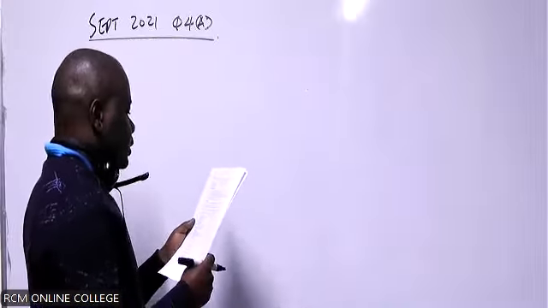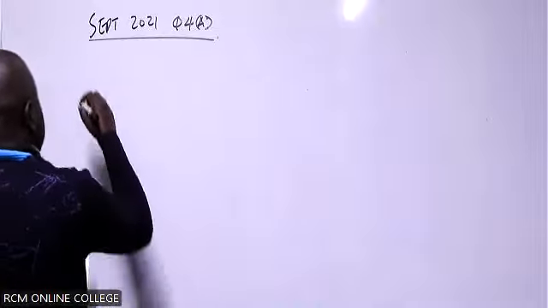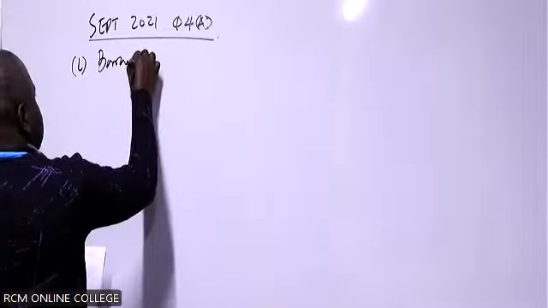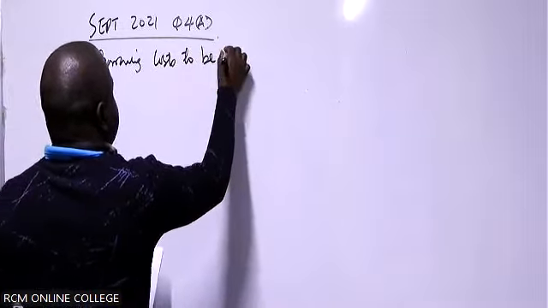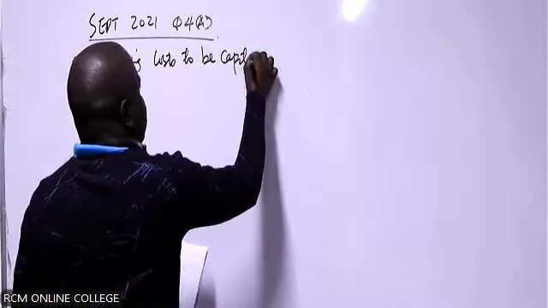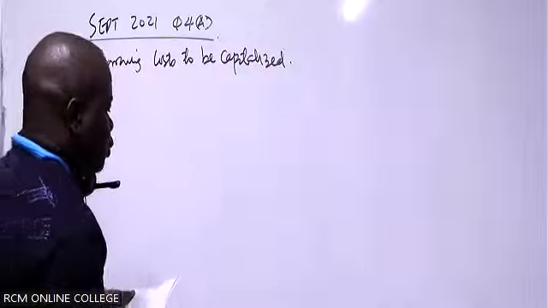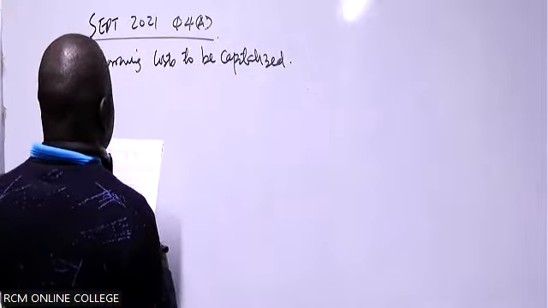So they want the borrowing cost to be capitalized. That is the first thing you have to start with. So we say borrowing costs to be capitalized. We do have two projects here. The first project is the power plant.